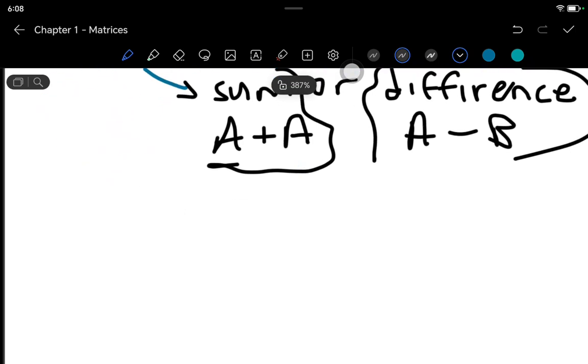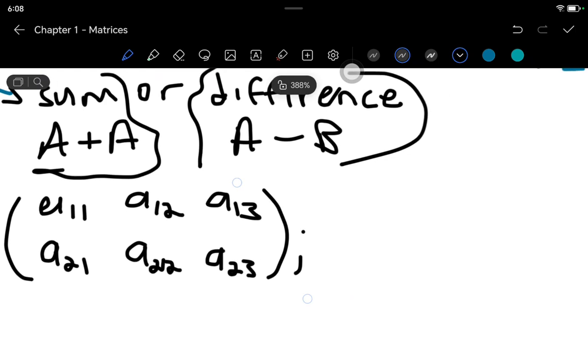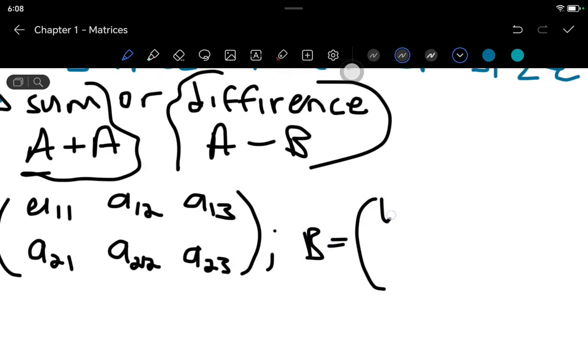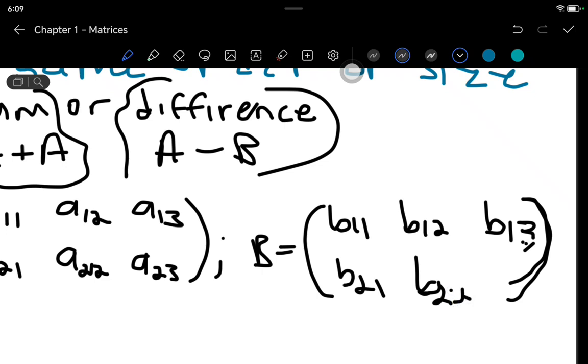So let's assume, let A be equal to A11, A12, A13, A21, A22, A23, and then let B be equal to B11, B12, B13, B21, B22, B23.